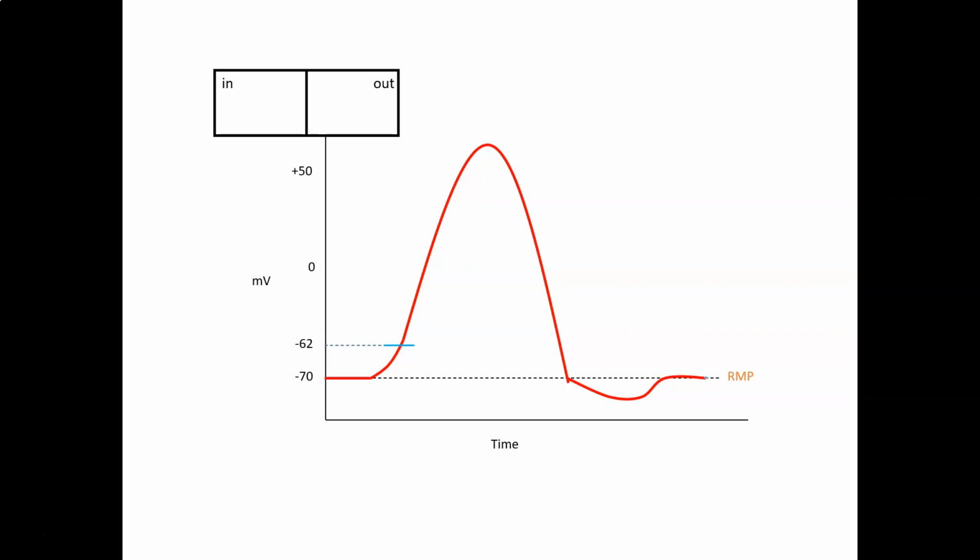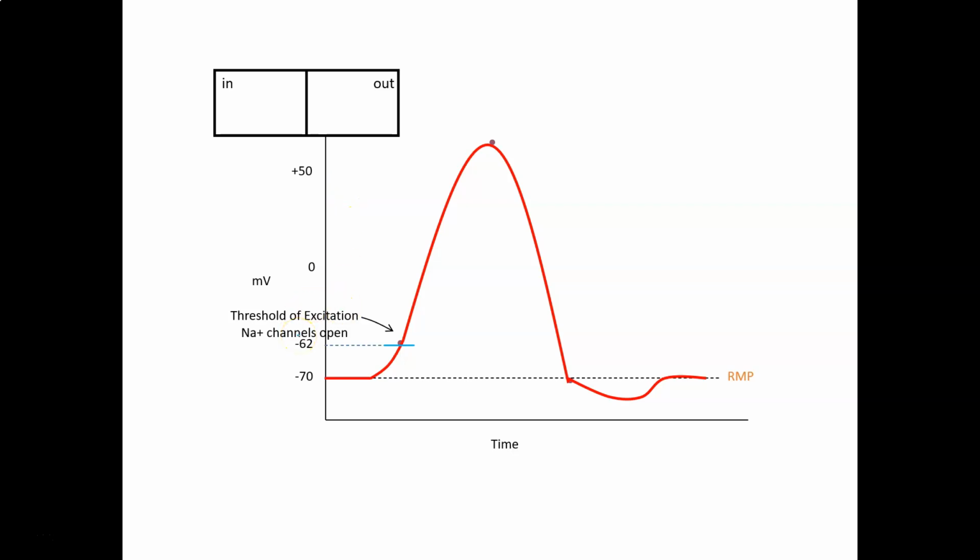All right, what's happening? So at negative 62 millivolts, we have the threshold of excitation, but at rest, the inside is more negative relative to the outside, right? So before the threshold of excitation is reached, the inside is more negative relative to the outside. Once the threshold of excitation is reached, voltage-gated sodium channels open.